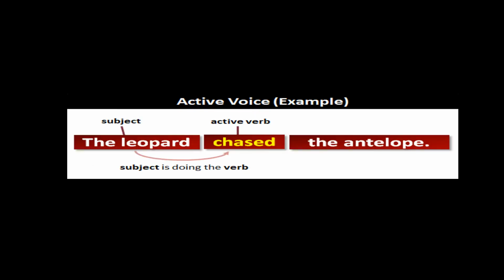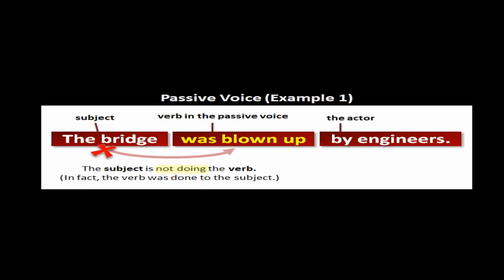Now look at the example of active voice more closely. The leopard chased the antelope. The leopard is the subject, chased is the verb, the antelope is the object. So the subject here is doing the action. It is chasing something. It is hence in the active voice. Now look closely at the example of passive voice. The bridge was blown up by engineers.